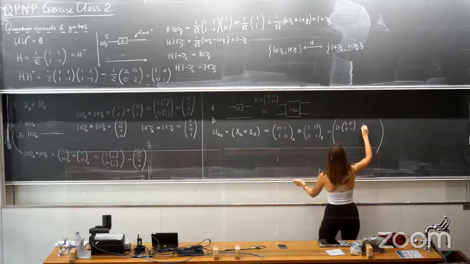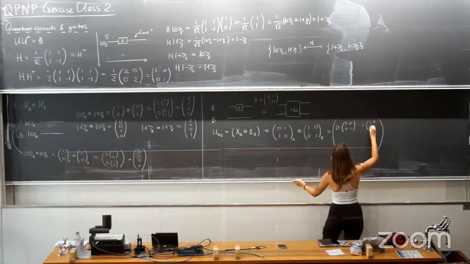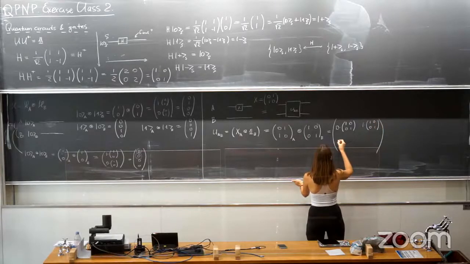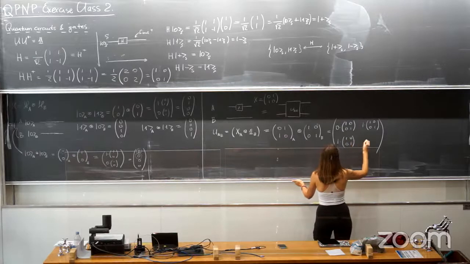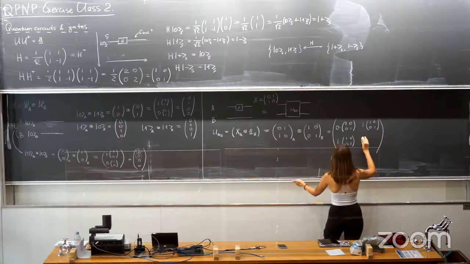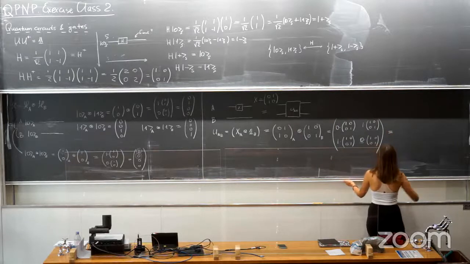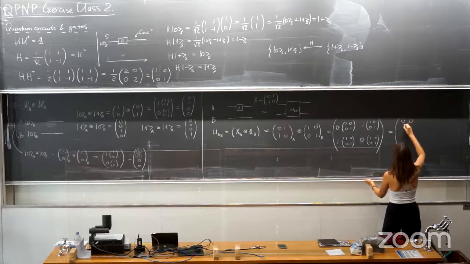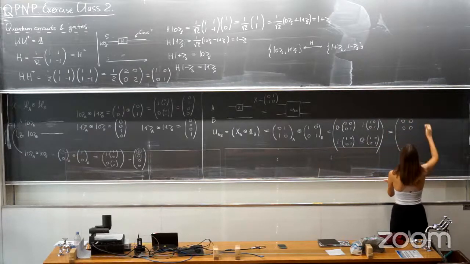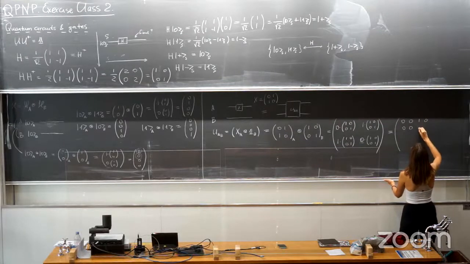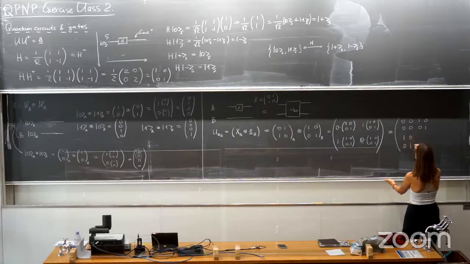Then we get 1 times this identity. Then we get 1 times identity. And then we get 0 times the identity, which gives us the following 4 by 4 matrix. So here we have 4 zeros. Here we have 1, 0, 0, 1. Here we have 1, 0, 0, 1. And here we have zeros.